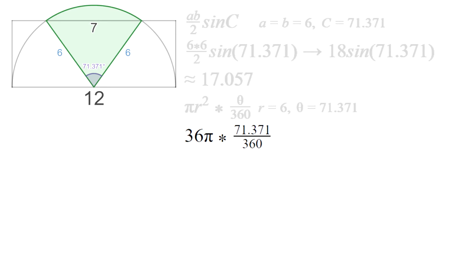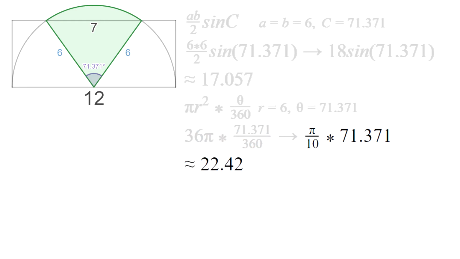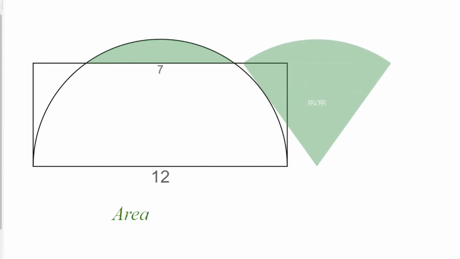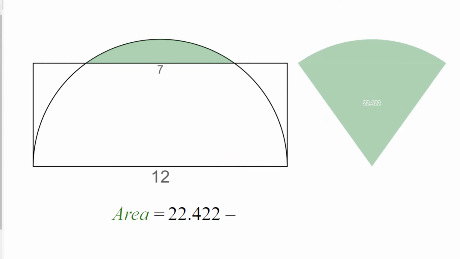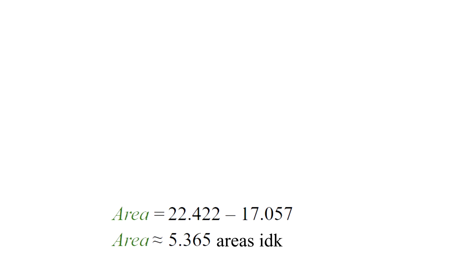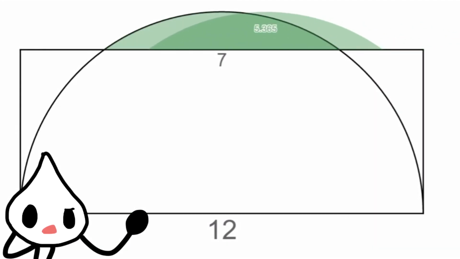This expression begs for a simplification, where we get pi over 10 times 71.371, which estimates to 22.42. Now, to find the green area, we subtract the triangle area, 17.057, from the arc area, 22.42, where we get 5.365. And this will be our green area.